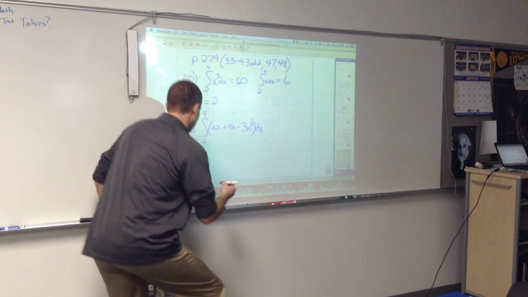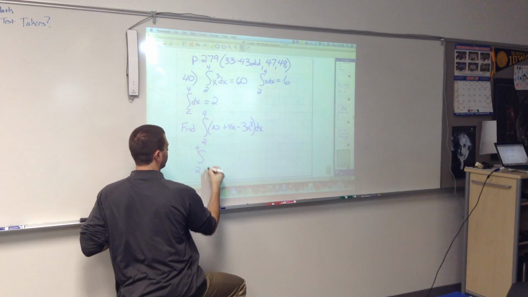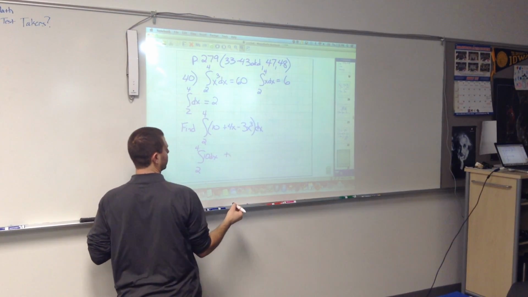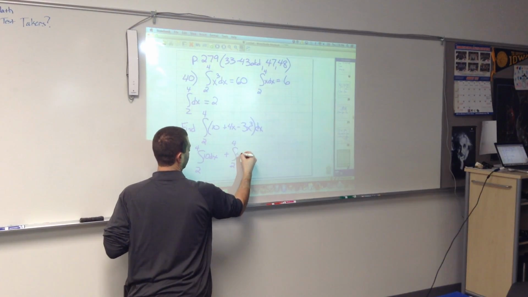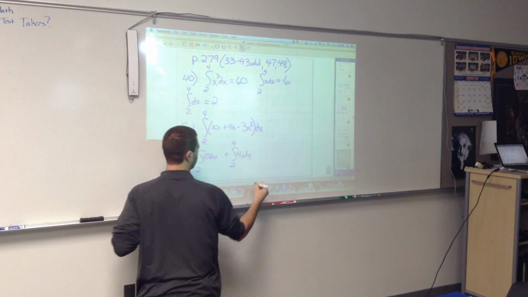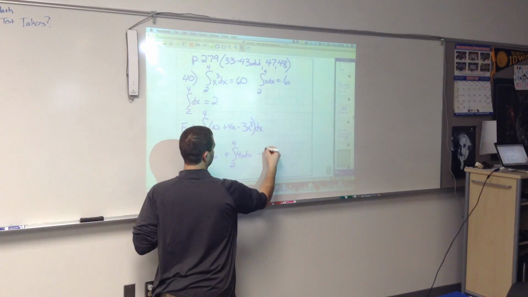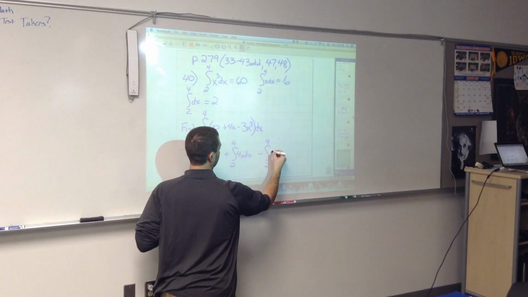So I can split this up into the integral from 2 to 4 of 10 dx plus the integral from 2 to 4 of 4x dx minus the integral from 2 to 4 of 3x cubed dx.